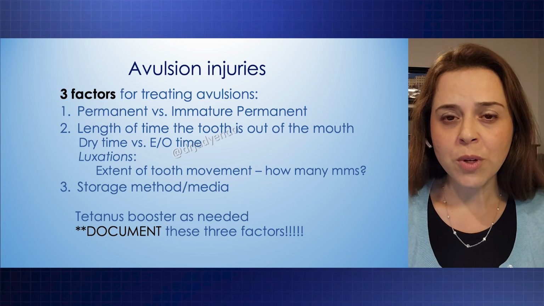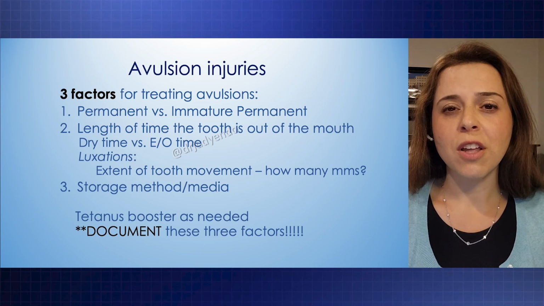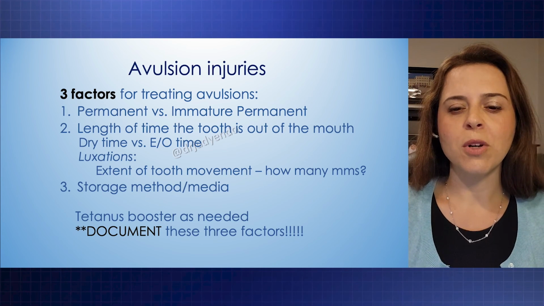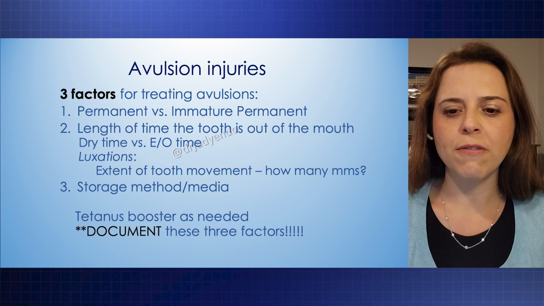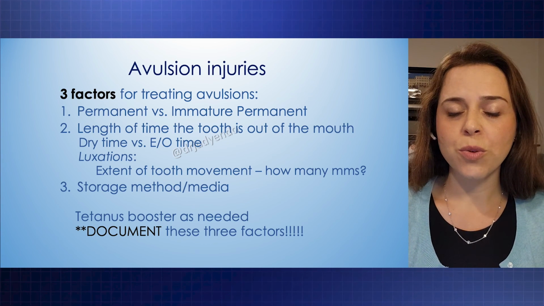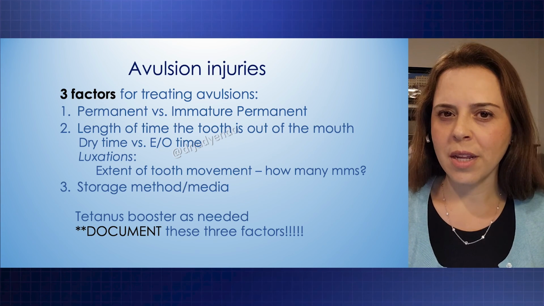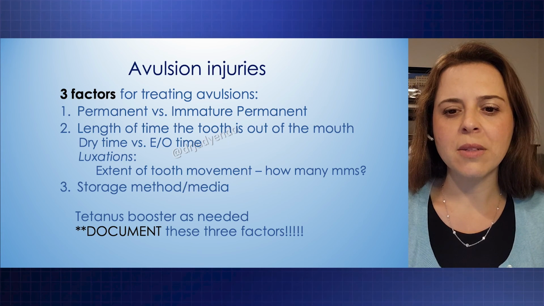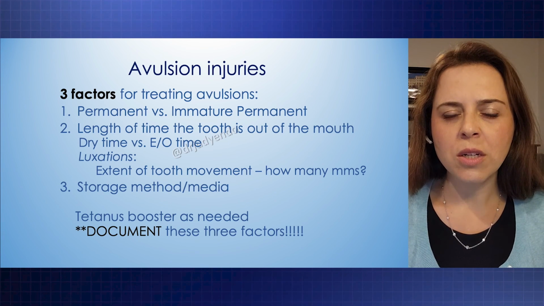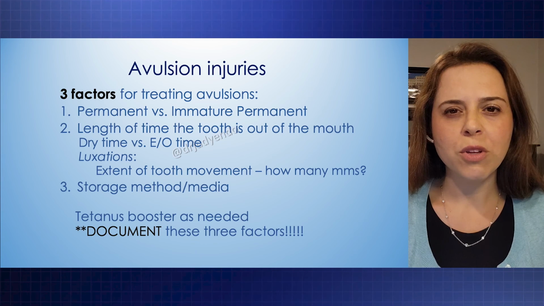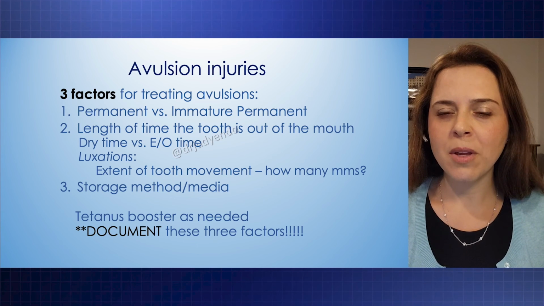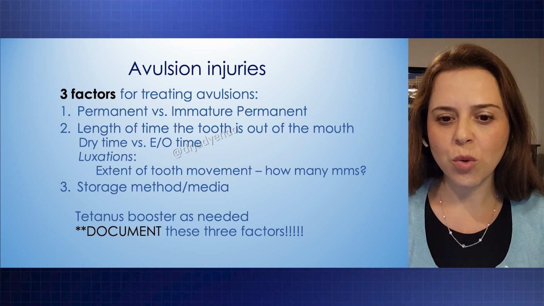So to review, avulsion injuries and the success of their outcome is dependent on 3 major factors. Is the tooth permanent, or is it an immature permanent with an open apex? How long was the tooth out of the mouth, so total dry time, and what was the storage medium?